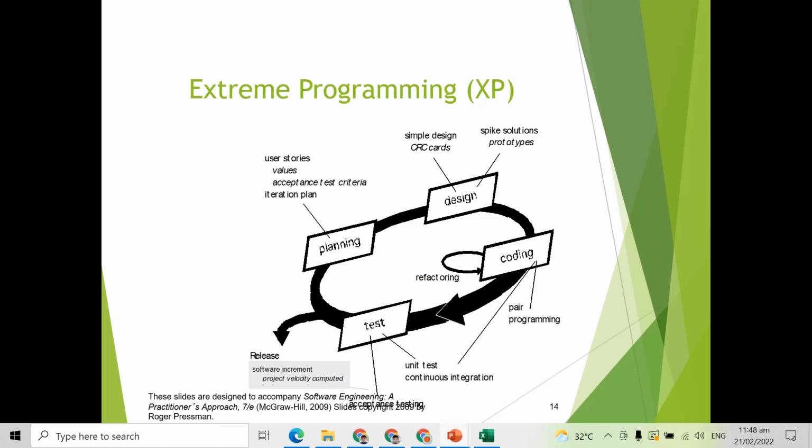But here in the Philippines, we are a third world country, so sometimes companies, as much as possible when it comes to costing, are saving money or cost cutting. So sometimes they shift to unit testing only. And then after that, release of the software increment and project velocity is computed.